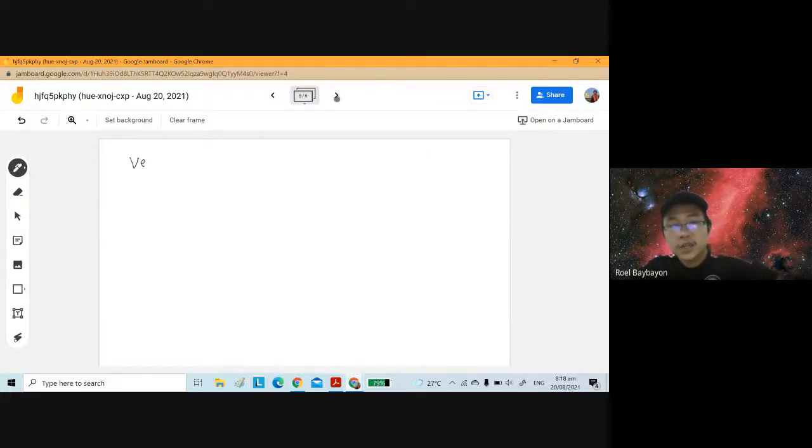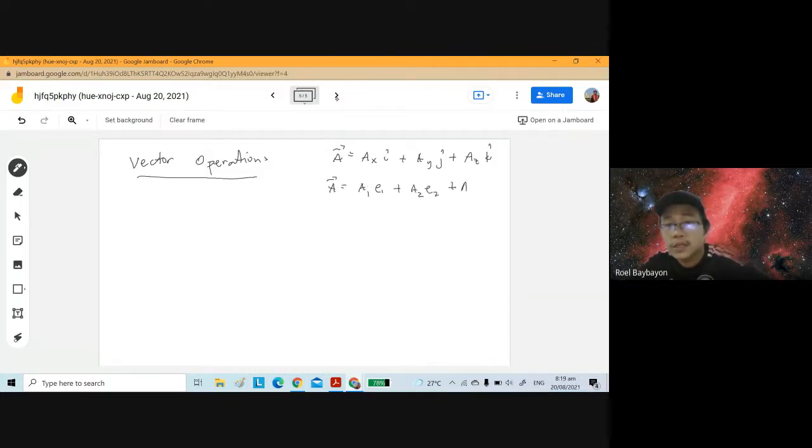We also have these vector operations, okay? I think you have encountered this in electromagnetics, but with a different set of notations, okay? We use not AX, AY, AZ, but A1, A2, A3. If you recall in your electromagnetics, instead of using AX I hat, AY J hat, AZ K hat, we will now use, in this subject, A1 E1 plus A2 E2 plus A3 E3.